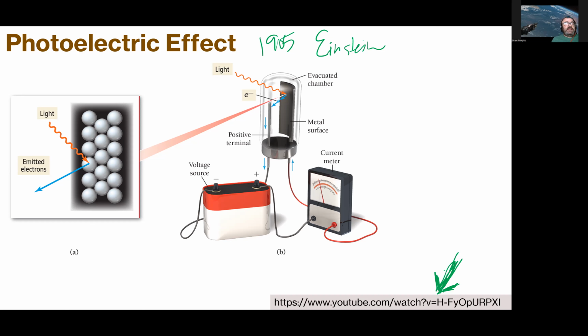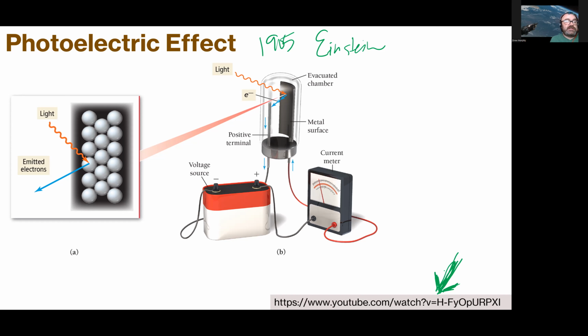What they knew was that the light had to have a minimum frequency in order to eject an electron, which they called the threshold frequency. And then Planck has said the frequency is going to relate to the energy, so there's some sort of threshold energy to do that.